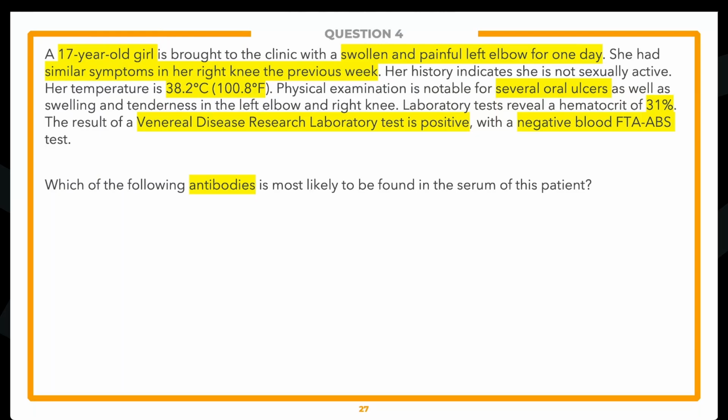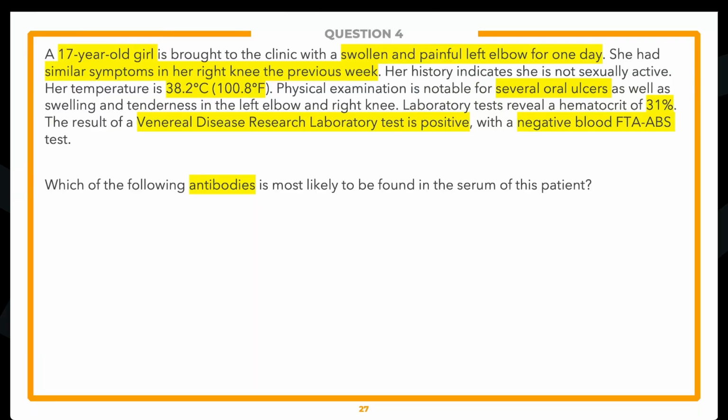You've got a 17-year-old girl, swollen and painful left elbow for 1 day. Okay, not very long, 1 day. Similar symptoms in her right knee the previous week. Interesting. She's not sexually active. She has a low-grade fever, 100.8, and has several oral ulcers. Okay, and has tenderness, left elbow, right knee, so multiple joints.